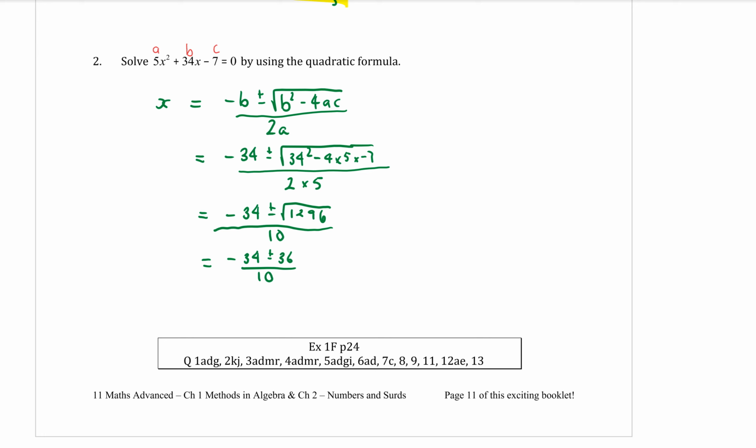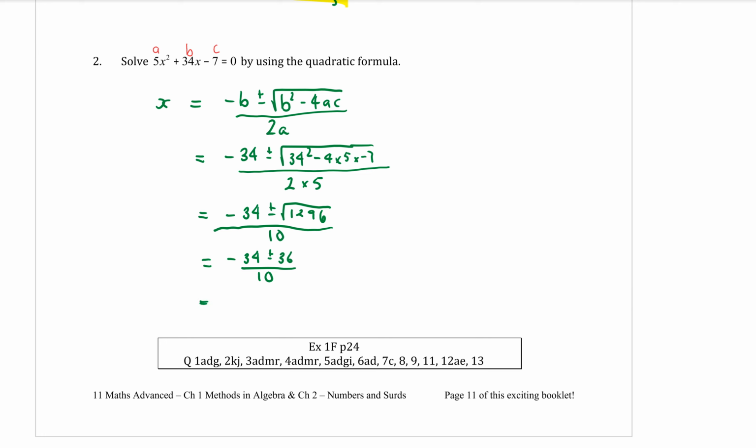To get your two solutions out of this, you need to type each one separately. You can't do a plus and a minus together, Ashton. So you're going to type in minus 34 plus 36 all over 10. Make sure those two numbers are together on the top of the fraction, over 10.